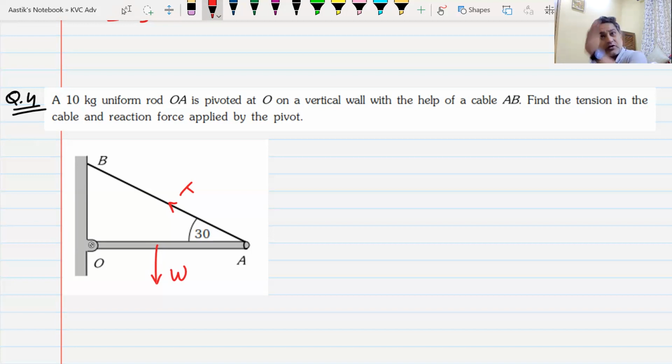Now this string is like this. So actually, you must understand something. This is in equilibrium. If this is in equilibrium, you can understand that the force should be 0 and torque should be 0. Yes or no?